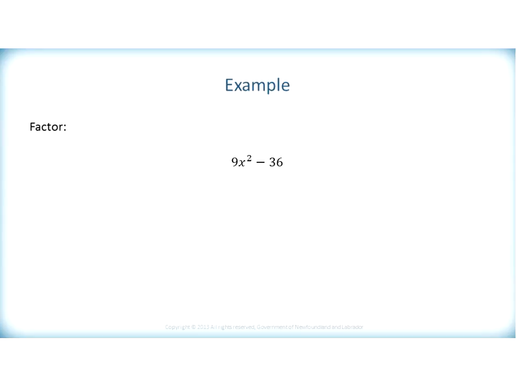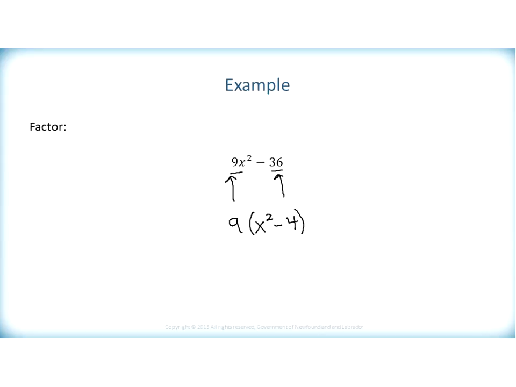Now this one poses a little bit of an issue here. It is a difference of two perfect squares, yet there is a common factor. And the common factor overrules. You have to take out the common factor first. So the common factor is 9. We'll take that outside. We're left with x squared subtract 4.